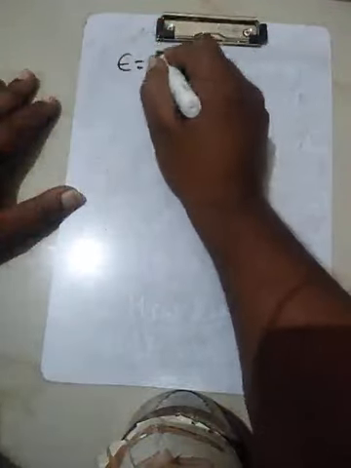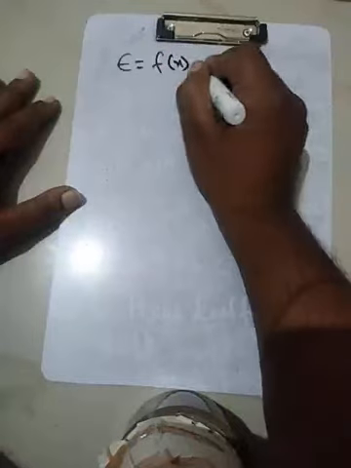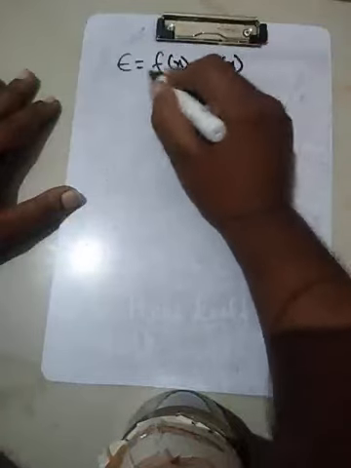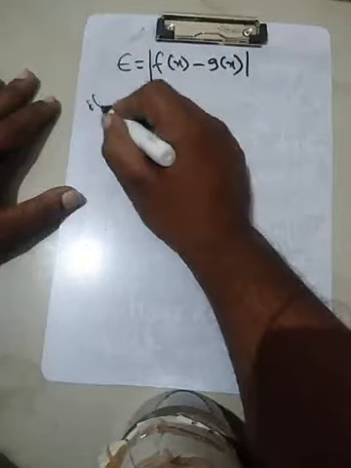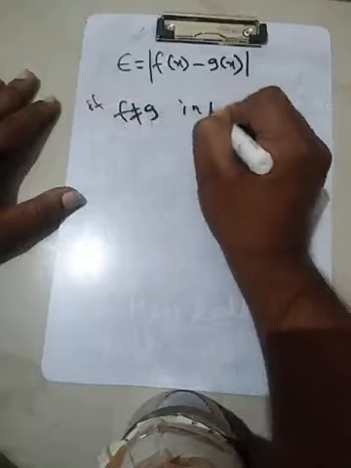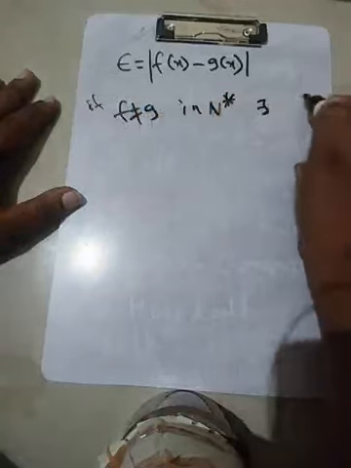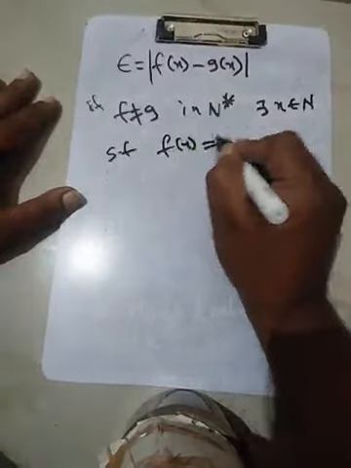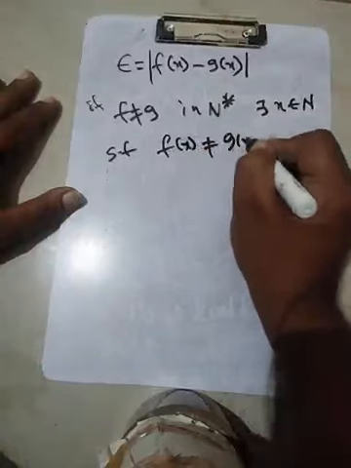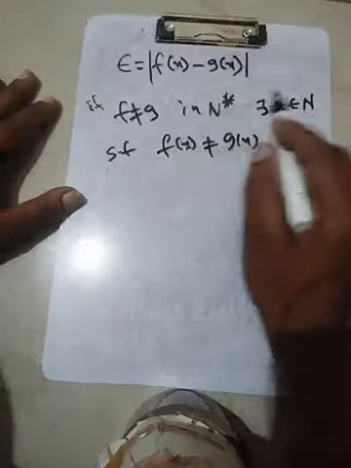We have shown that if f is not equal to g in N star, there exists x belonging to N such that f(x) is not equal to g(x). Take epsilon equal to the modulus of f(x) minus g(x), divided by 3.